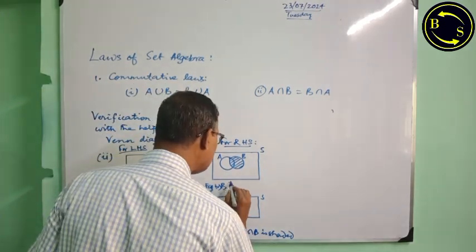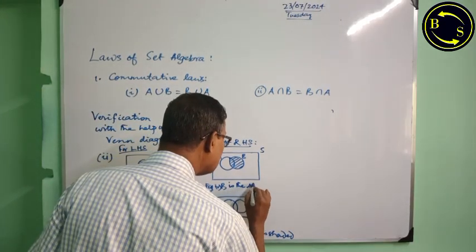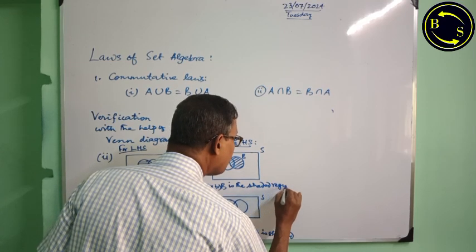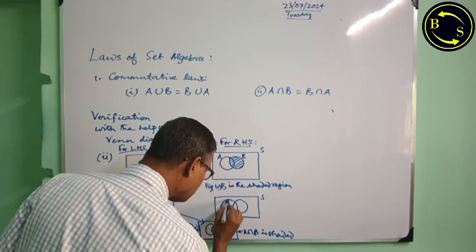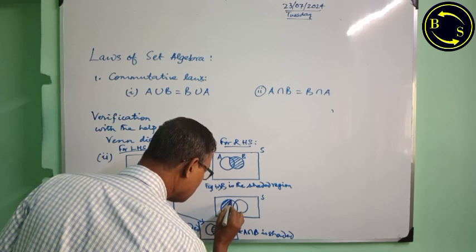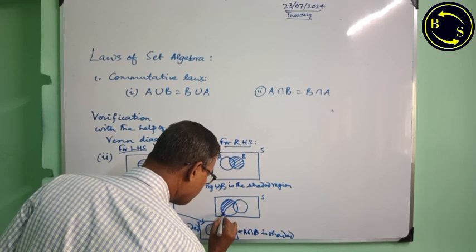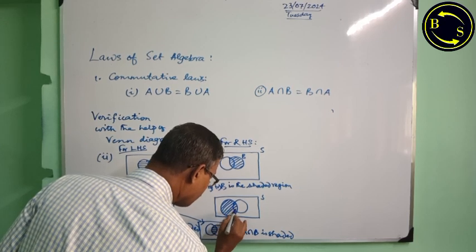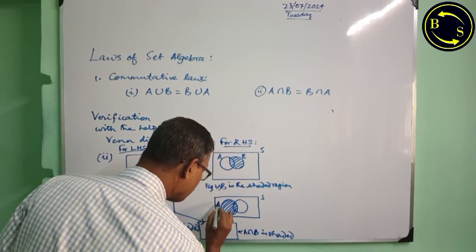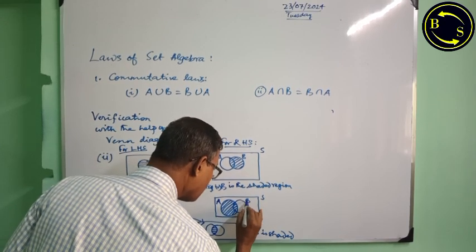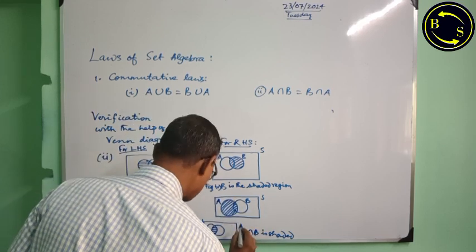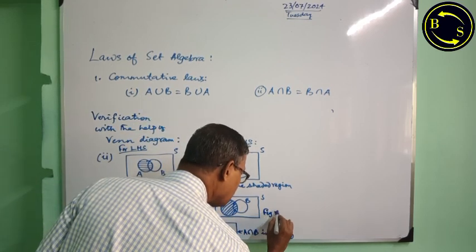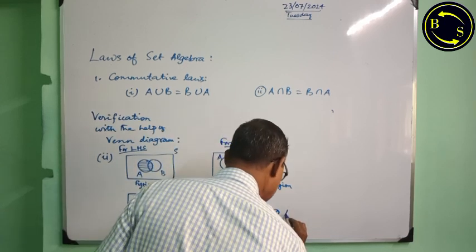B is the shaded region. Then figure 4, this is figure 5, A is shaded.